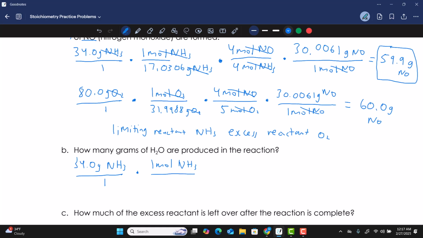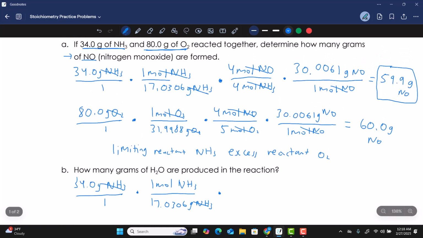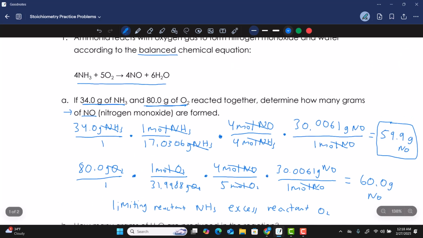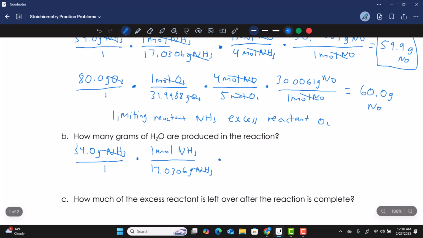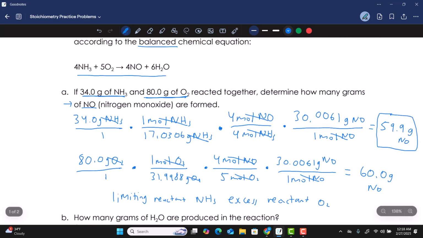And we already calculated its molar mass, which is 17.0306 grams of NH3. On the top, we would have how many moles of H2O, which is 6. So we have 6 moles of H2O over the amount of moles of NH3, which is 4.